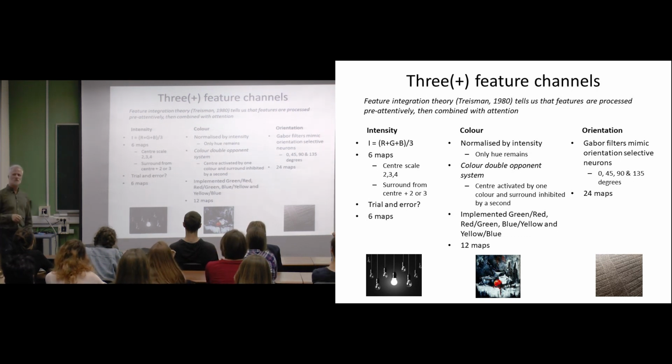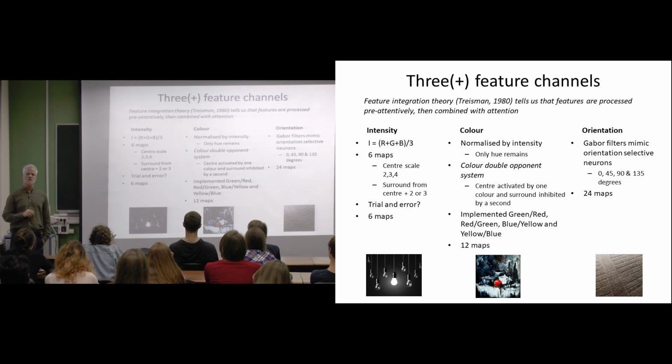What they did with this algorithm was implement 2 different types of color pairs. They looked at green-red pairs and blue-yellow pairs. 4 different combinations, so green-red, red-green, blue-yellow, yellow-blue. And again, one of them being the center, one of them being the surround. And we end up with 12 different maps based on 3 different levels of those 4 combinations. Okay?